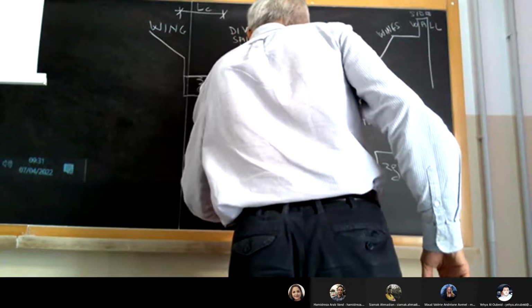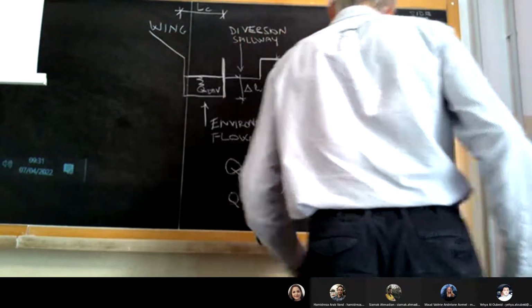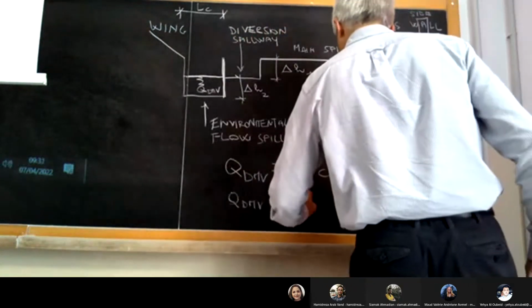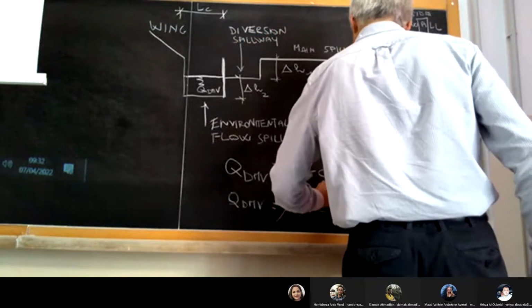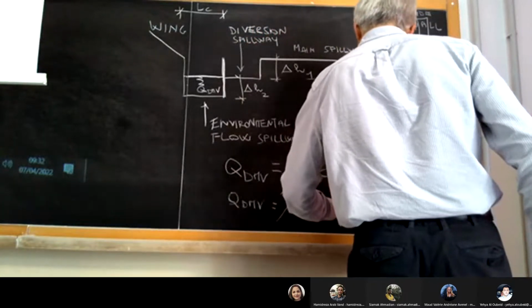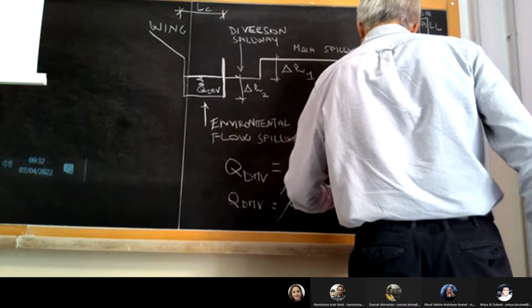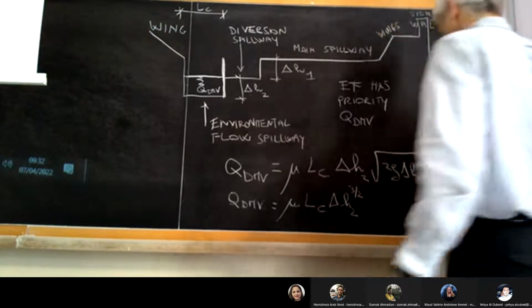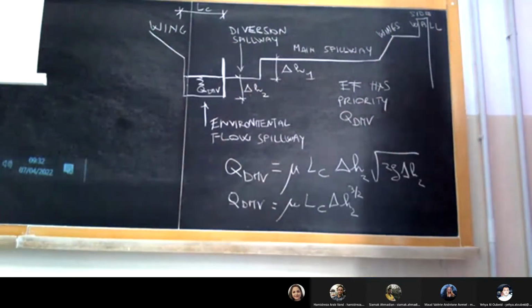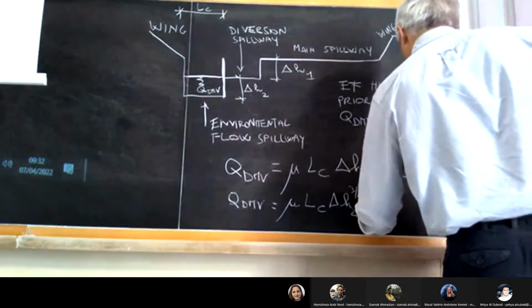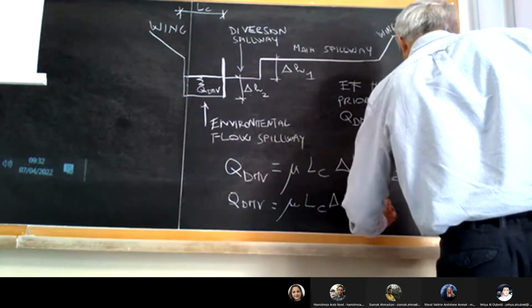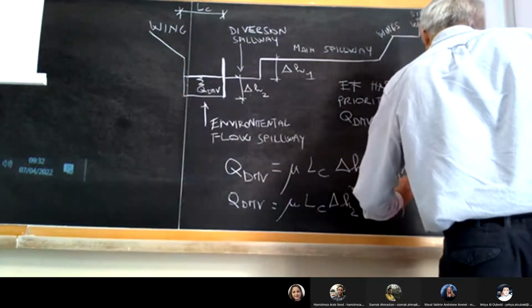QDMV is equal to mu LC delta H2 to the power of 1/2 and 2g to the power of 1/2.